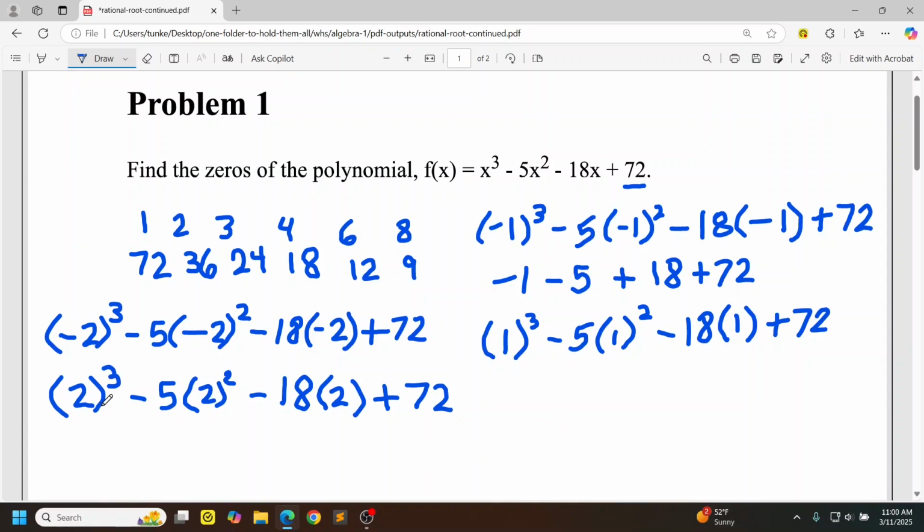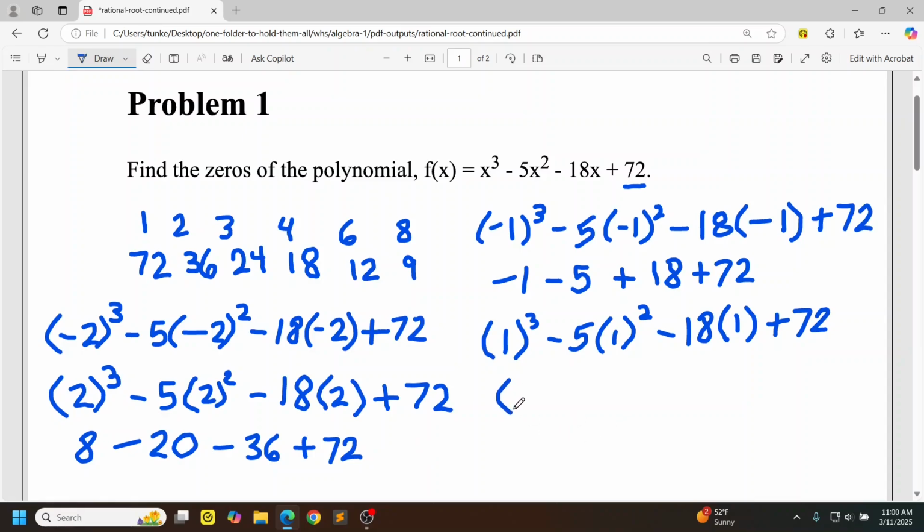So 2 cubed is 8. 2 squared is 4, so minus 5 times 4 is minus 20. Minus 20 minus 36 plus 72. So 8 plus 72 is 80. We're minusing 56. So we're not getting to 0 with that either.